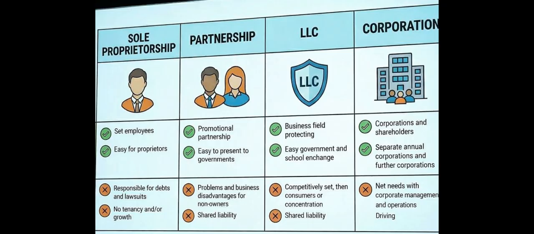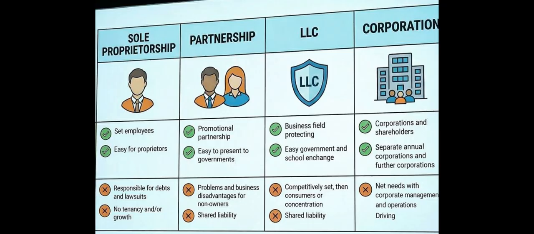These four common legal forms can be compared based on their structure, their benefits and disadvantages, and let's look at those. You can see this exhibit here that shows sole proprietorship, partnership, limited liability company, LLC, and corporation.